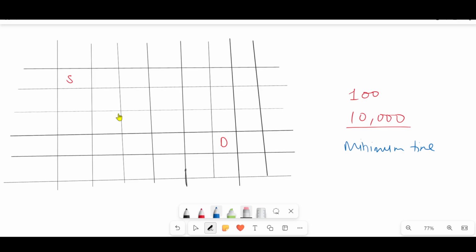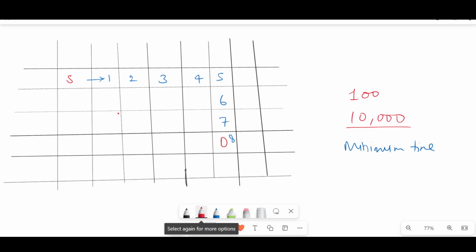A route I can choose is first second, second second, third, fourth, fifth, sixth, seventh, eighth. At the 8th second I can reach if I follow this path. Is there any shorter path than this?